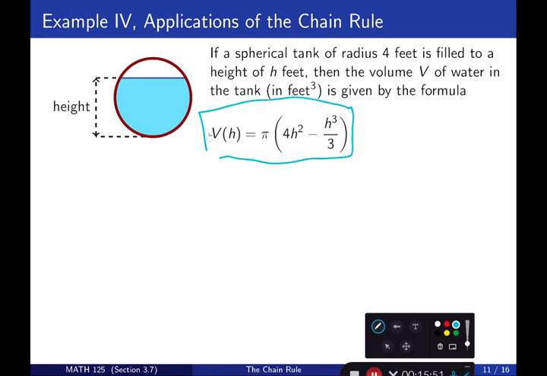So when you have this formula, you can take the derivative of V with respect to h and have dV/dh. What would that be?